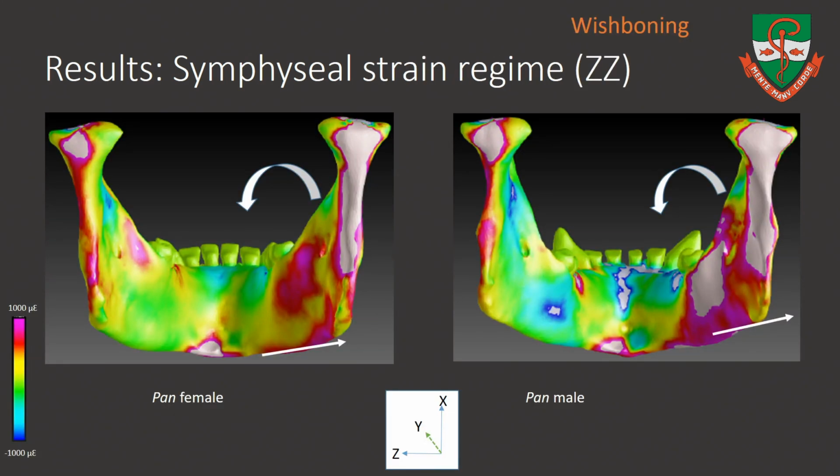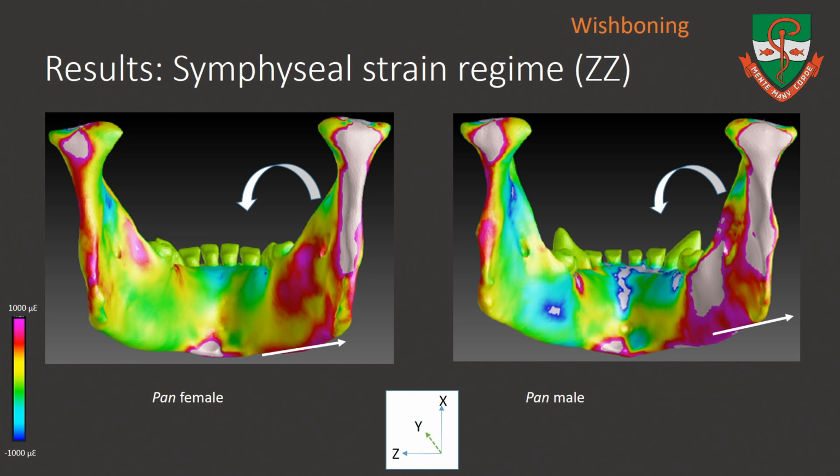So we expect our ZZ medial-lateral tension at the lingual aspect of the symphysis to be positive, but there's clearly some compression here. The blue indicates compression and the red indicates tension. We see some compression on the symphysis here and on the alveolar ridge and superior transverse torus. Why is that?